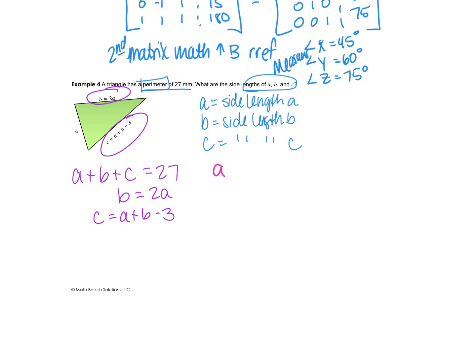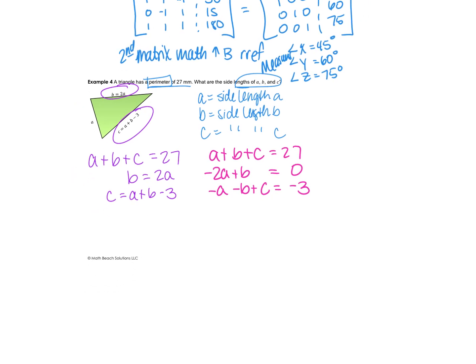Okay, so now first equation we don't have to do anything with. We would have to subtract 2A over, which would leave a 0 on that constant side. We would have to subtract A and B over, which would leave negative 3 on that side. So again, you can use whatever method you want, substitution, elimination, inverses, or augmented matrix. So I'll just use the augmented.